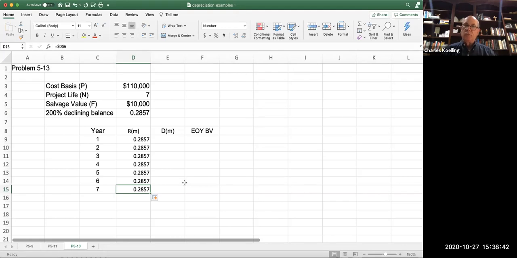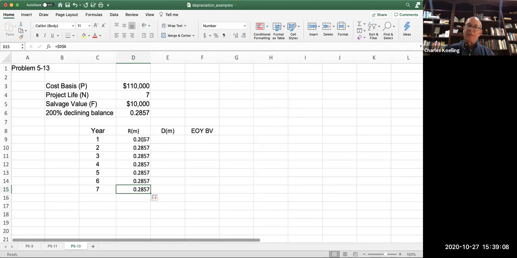Now you may think that odd. It's not odd. The main difference here is that if you add these up, it's much greater than 1, but we're going to apply these rates to the current book value, not to the original purchase price. And that is the big difference between declining balance and the other two methods we've examined.